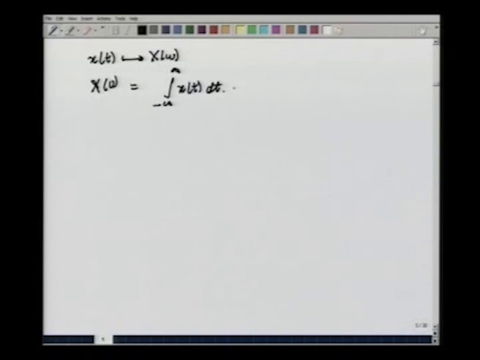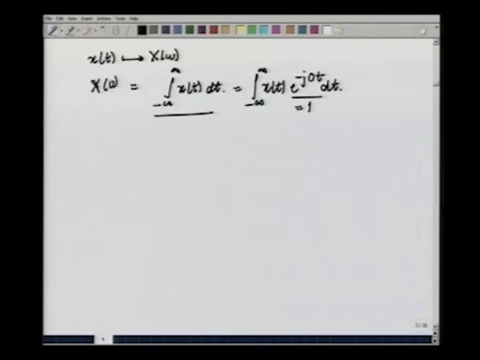That is simply because, if you want it explained, x of t e to the minus j 0 t dt, and this after all equals 1, and that is how you get this. So, we have this property.